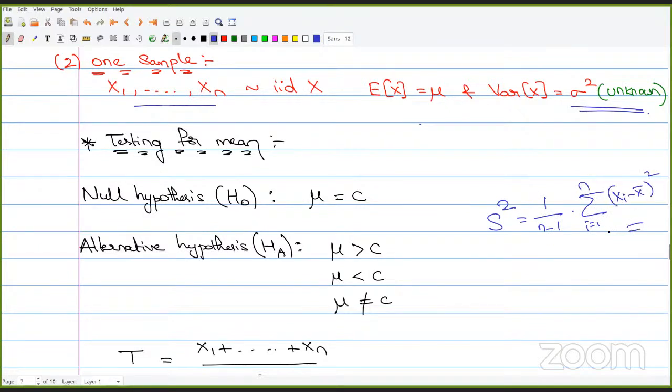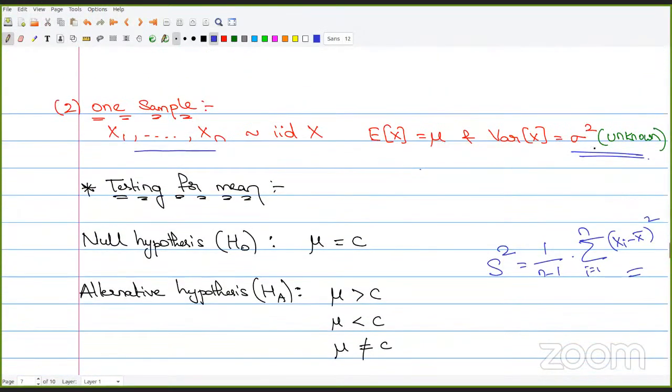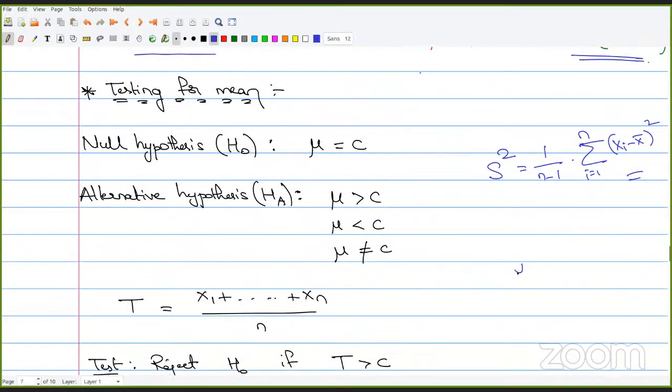We substitute the sample variance in place of the distribution variance. We are just replacing sigma with S.